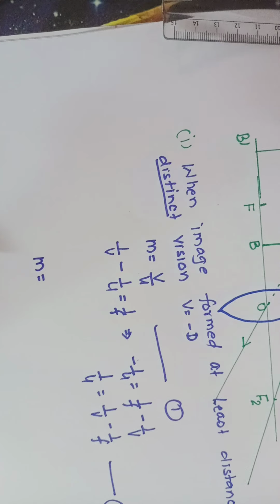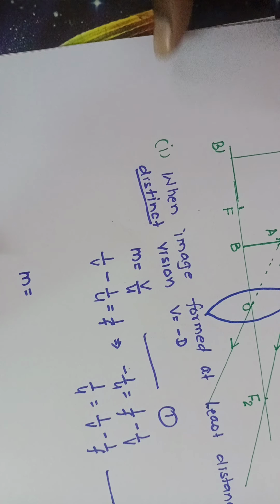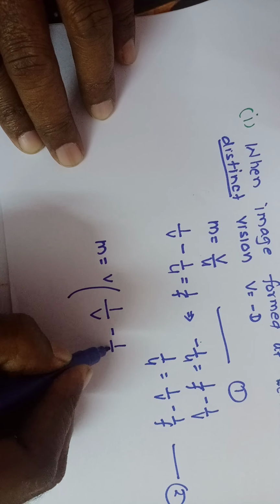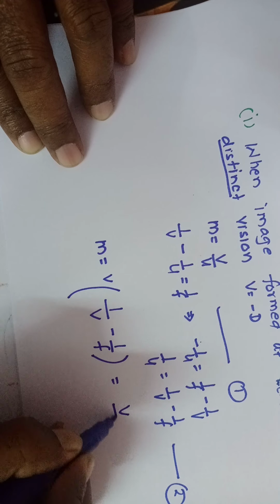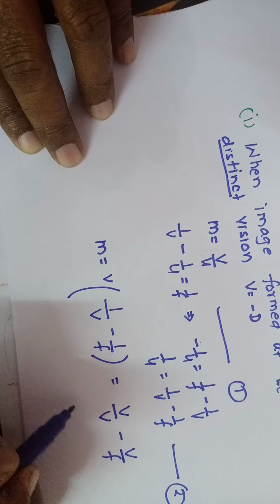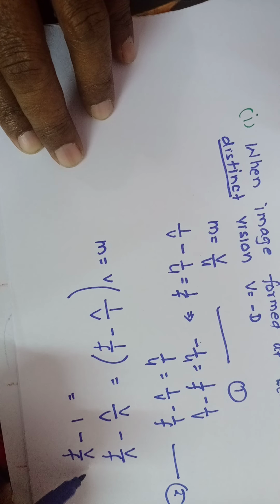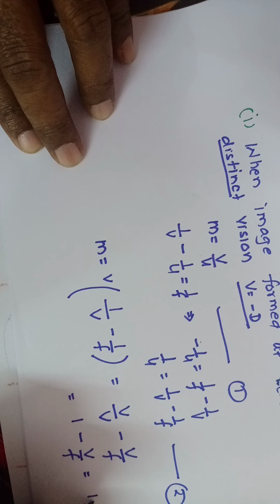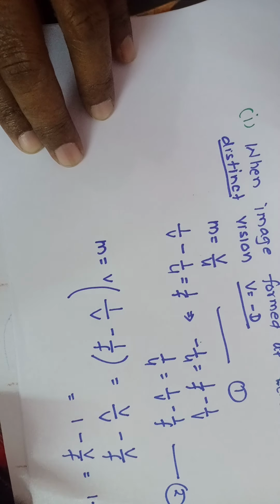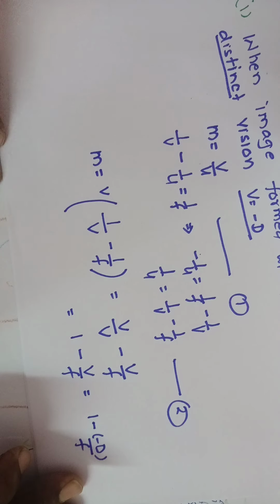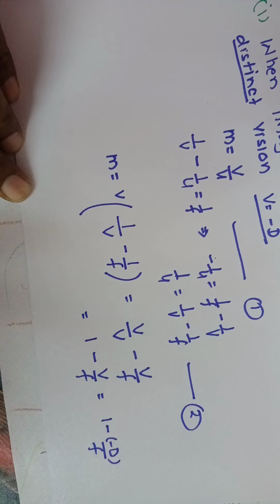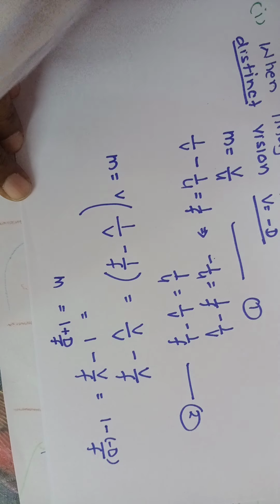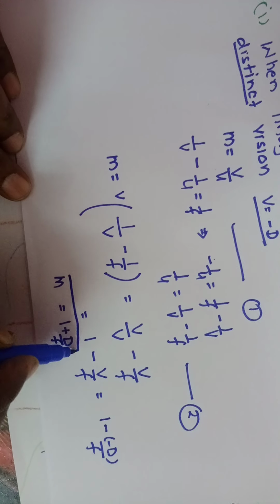So M equal to V upon U. U is what? This 1 upon V minus 1 upon F. When we multiplied, it will become V by V minus V by F. This V cut, it will become 1 minus V by F. If V equal to minus D, so it will become 1 minus D by F. It will become 1, minus, so the magnification will be M equal to 1 plus D by F. This is the formula when image is formed at least distance of distinct vision.